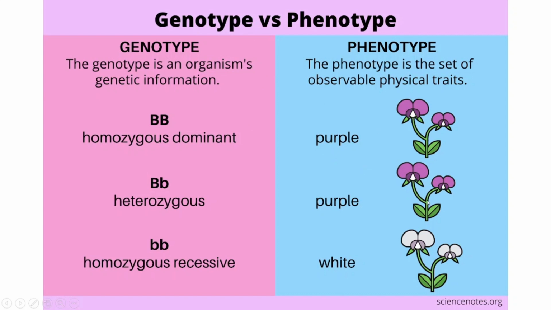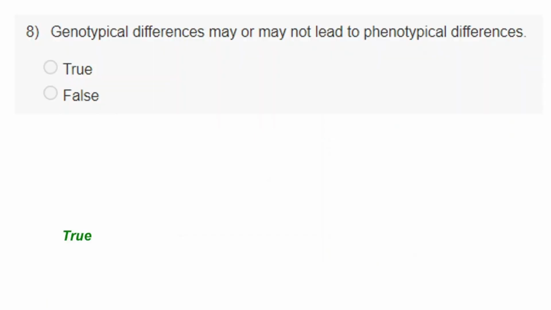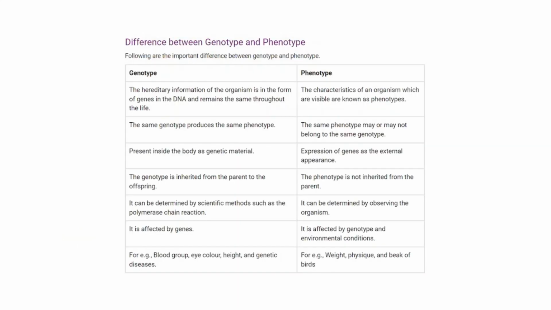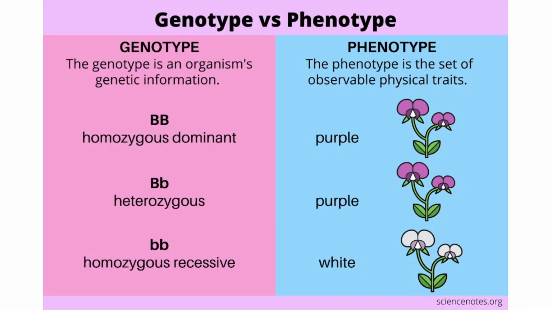Both the flowers are purple in color, and that's because capital B is a dominant allele over the small b, which is a recessive allele. So this is a very beautiful example to show why this statement is true. Genotypical differences may or may not lead to phenotypical differences. There's no written rule that it will always lead to phenotypical differences. So that's the way to explain this question.